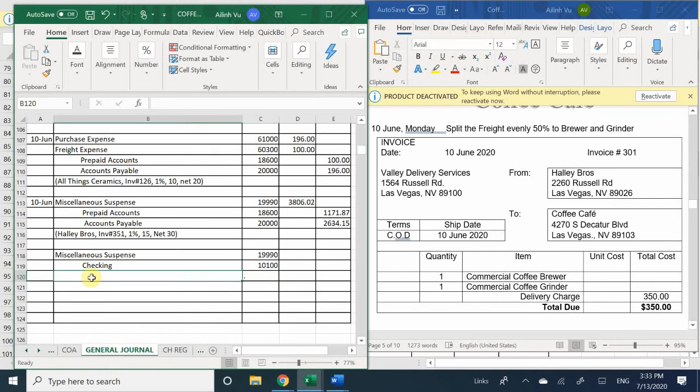So here we're gonna go ahead and indicate Valley Delivery Services, comma, invoice number 301, comma, check number 1511. Okay, and we wrote it for $350.